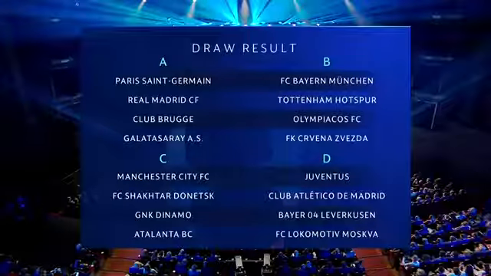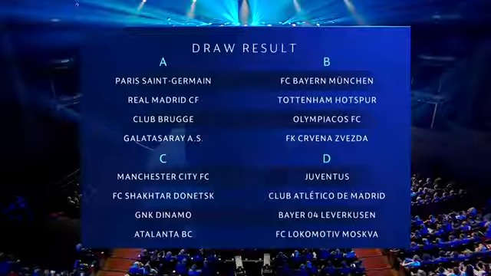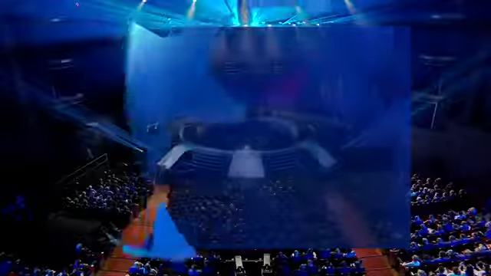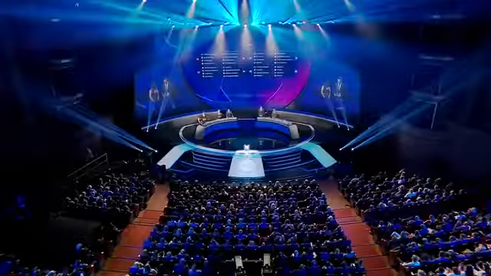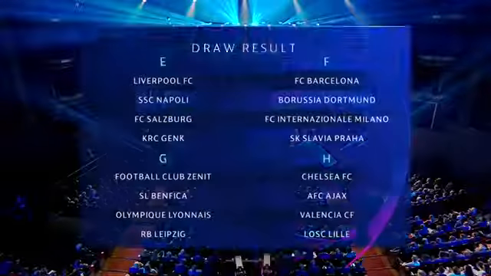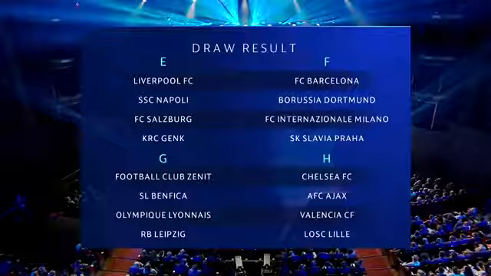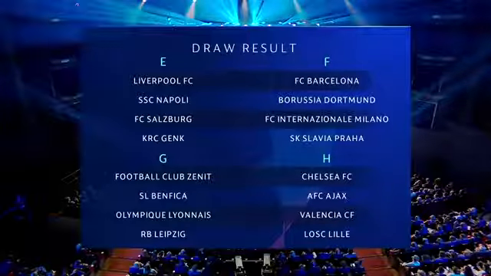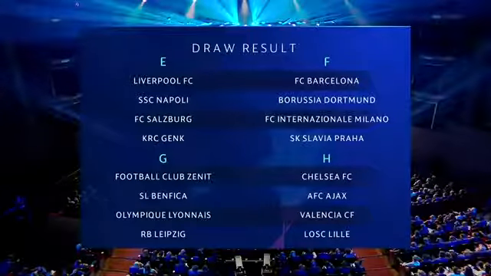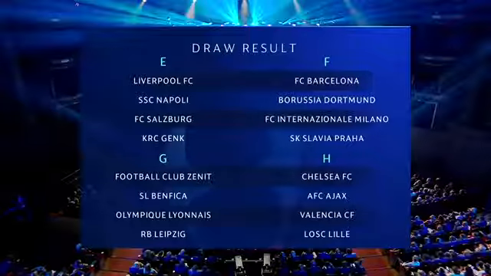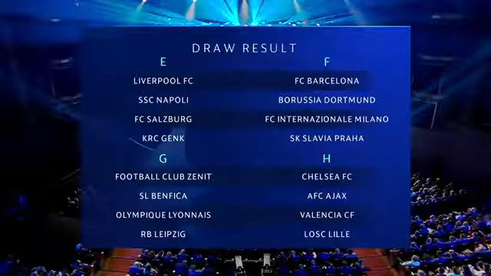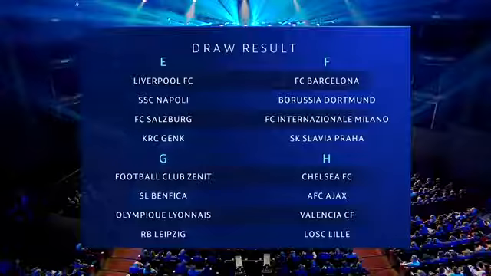Group D, it's Juventus, Atletico, Bayer Leverkusen, and Lokomotiv Moscow. We've got Liverpool, Napoli, Salzburg, and Genk in Group E. While in F, it's Barcelona, Borussia Dortmund, Internazionale, and Slavia Prague. Group G, Zenit St. Petersburg, Benfica, Olympique Lyonnais, and Leipzig. And we end with a really tasty one. Group H, Chelsea, Ajax, Valencia, and Lille.